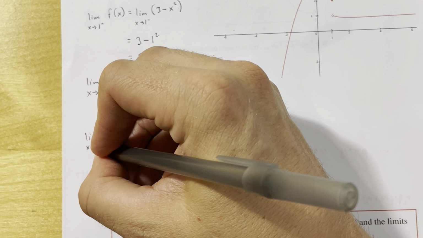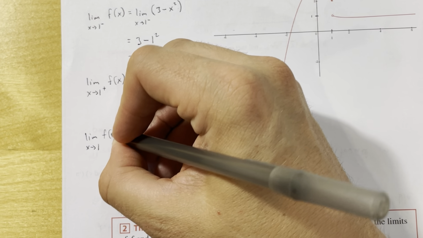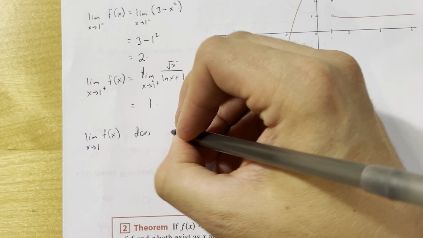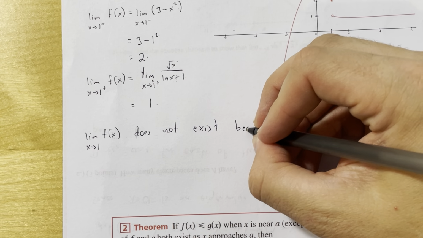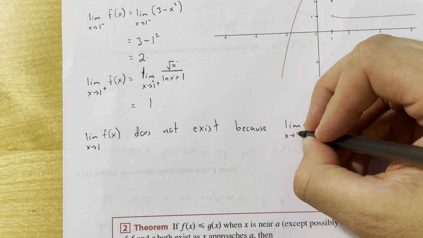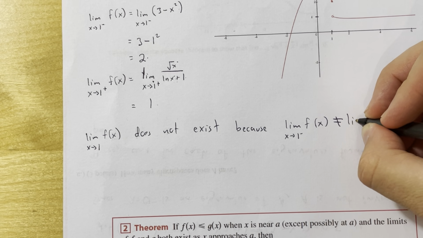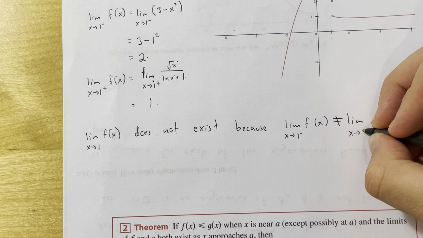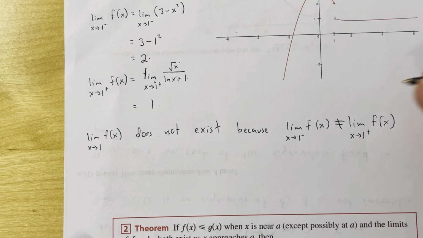The limit as x approaches 1 of f of x does not exist because the limit as x approaches 1 from the left of f of x is not equal to the limit as x approaches 1 from the right of f of x. Okay, that's all that needs to be stated there. I'm going to go ahead and stop this video, and we'll keep going in part 3.